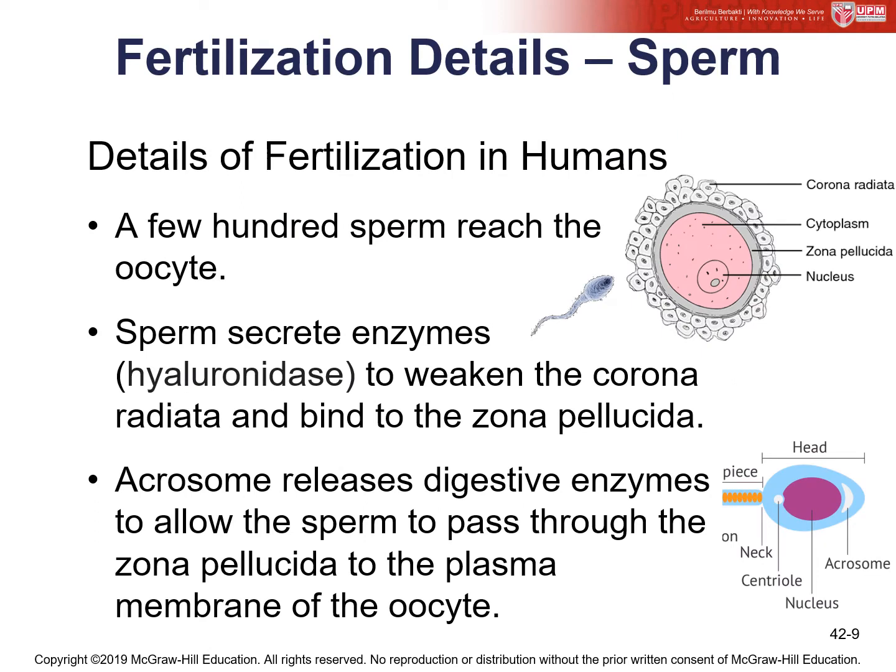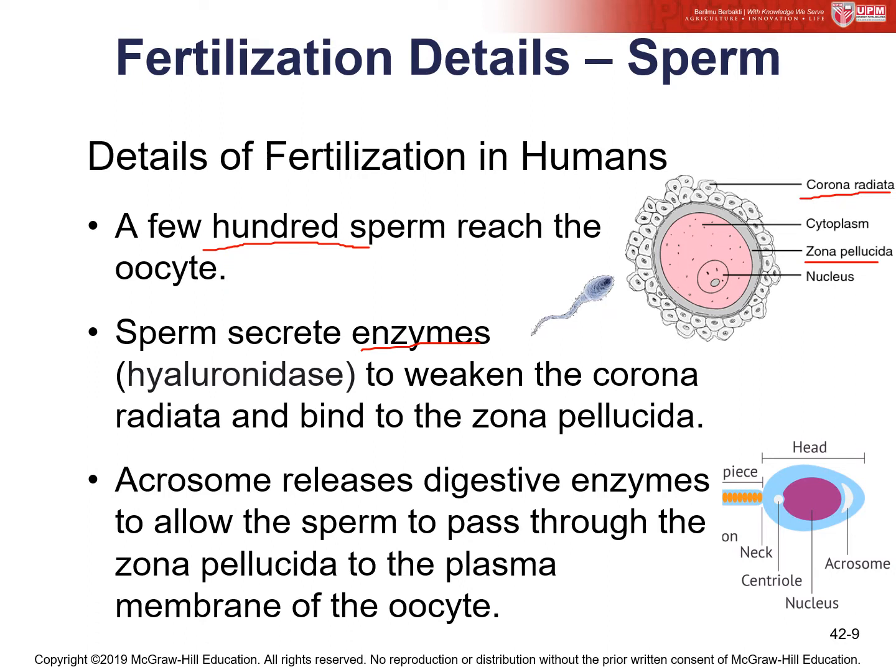Fertilization is defined as when a sperm unites with an ovum to form a zygote. During fertilization, only a few hundred sperm will reach the oocyte. However, the oocyte itself has protective layers, the first being the corona radiata. It is a thick layer that can be weakened by a specific enzyme. Once the sperm are able to penetrate the corona radiata, they will face the second layer, which we call the zona pellucida.